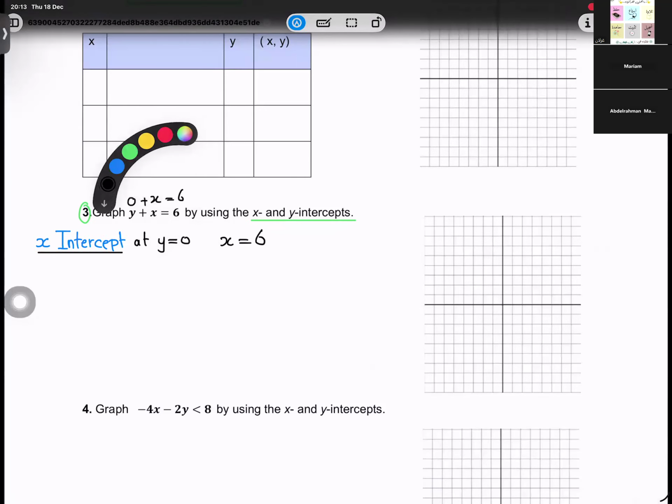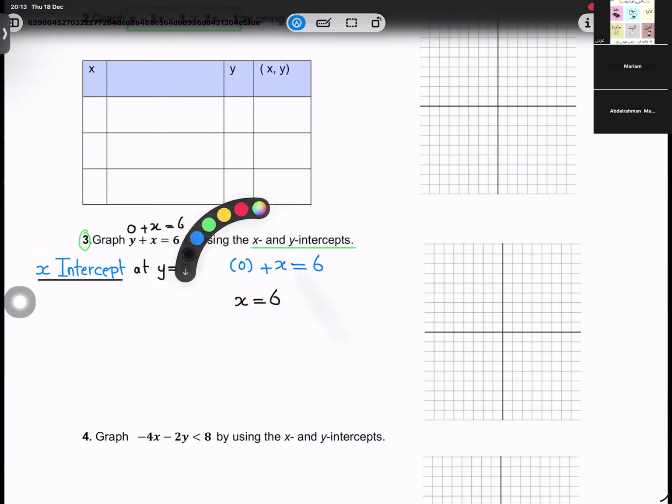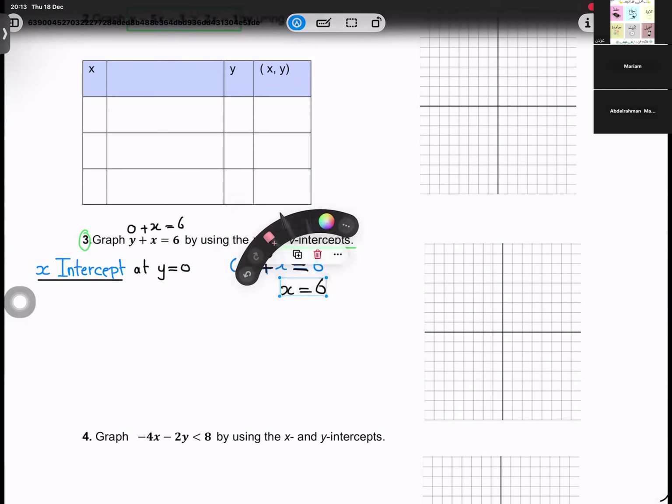Bravo. It will be better to do the steps: you replace y by 0, plus x equals 6, so just x equals 6. What about the y-intercept?